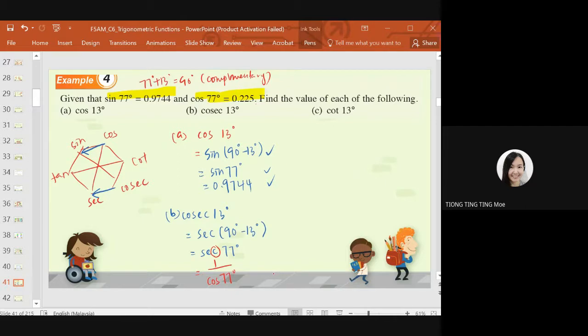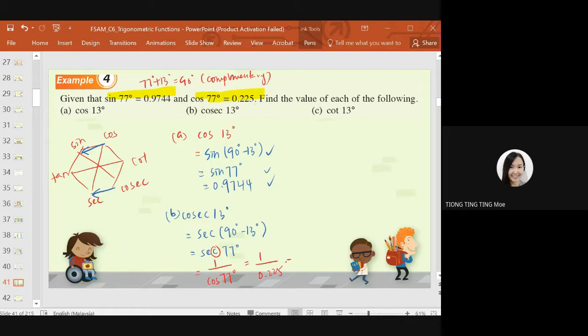Why 77? 1 over cos the angle. 1 over cos 77. Okay. Cos 77 is 0.225, so 1 over 0.225.